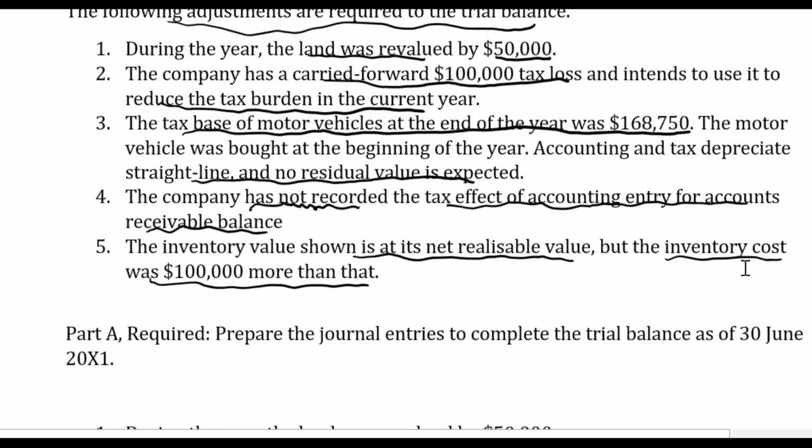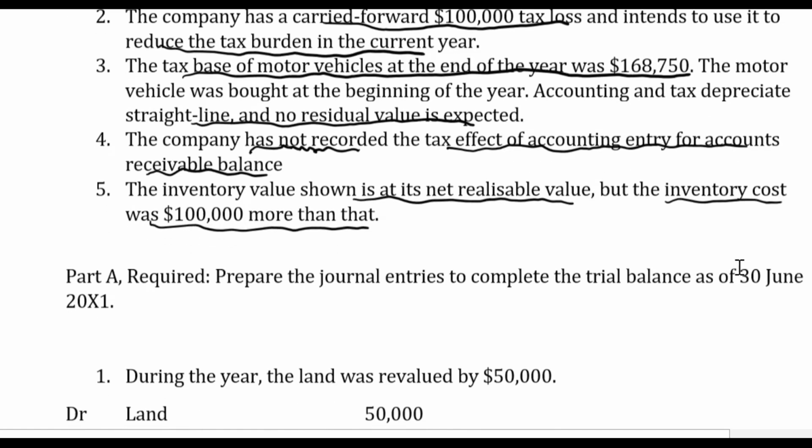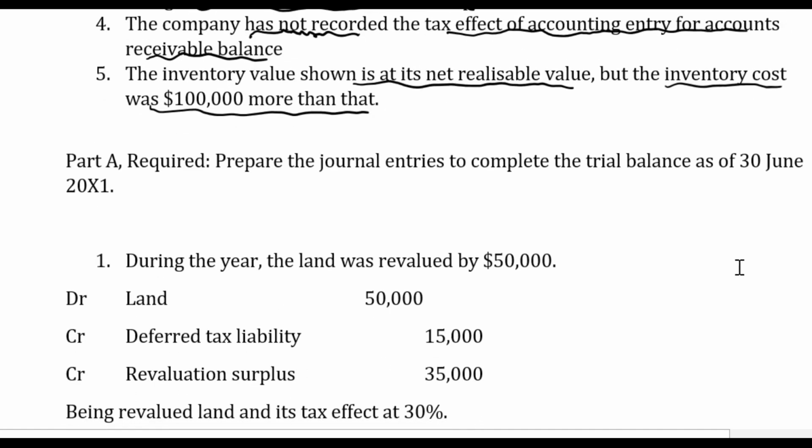So the first is land revaluation. We increase the land by 50,000, and the tax effect of that at 30% is 15,000 deferred tax liability, and the remainder is revaluation surplus. In more detail, we debit land 50,000 and we credit revaluation surplus 50,000.